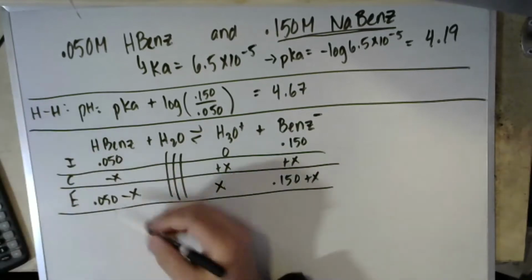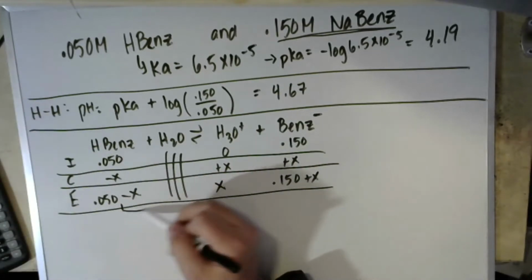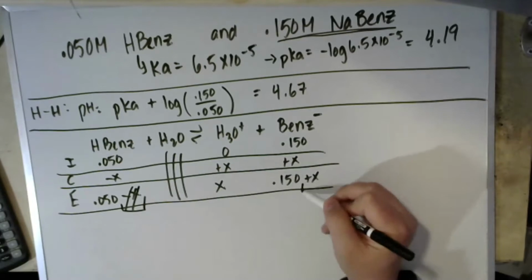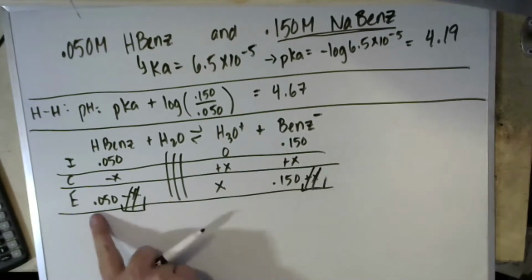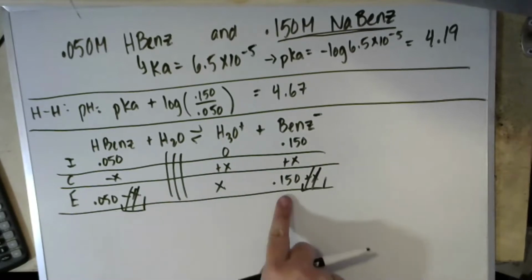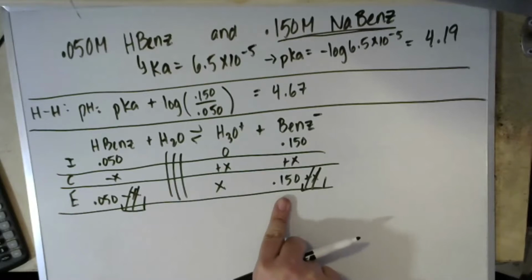We're going to assume that these X values that we're subtracting and adding are much smaller than these concentration values, so we're going to eliminate them from our calculation.